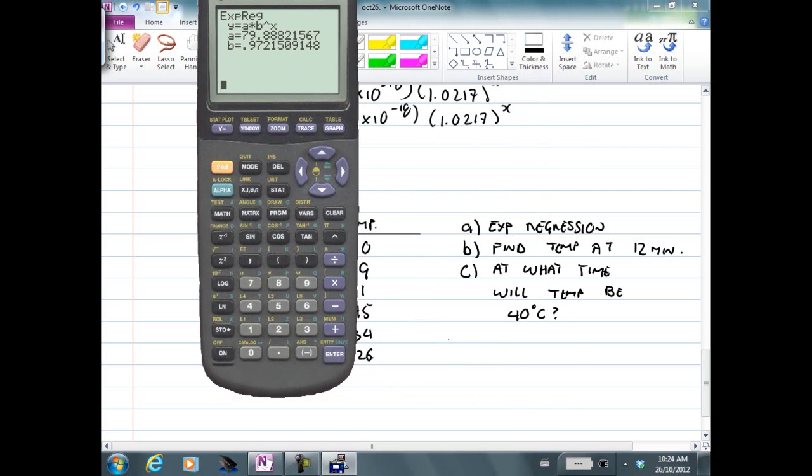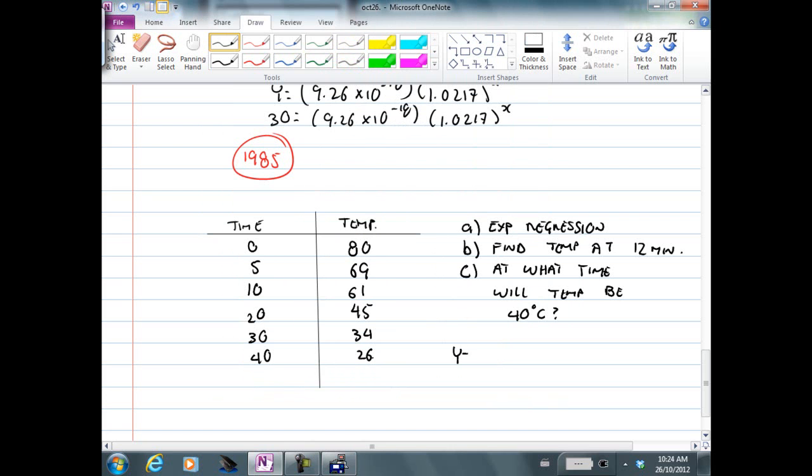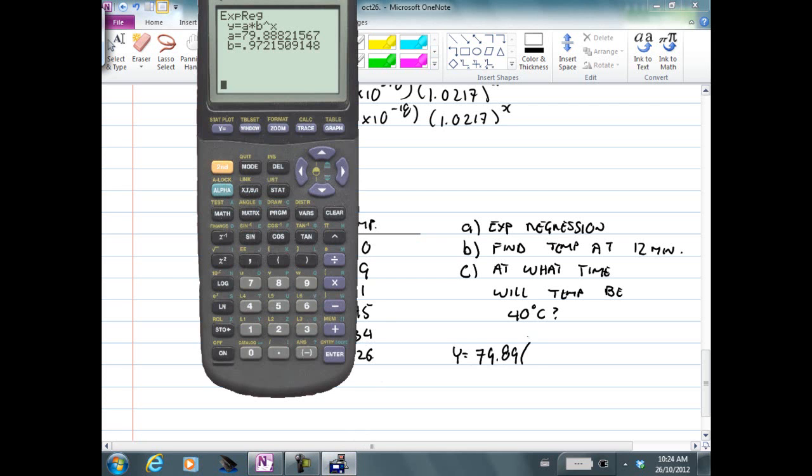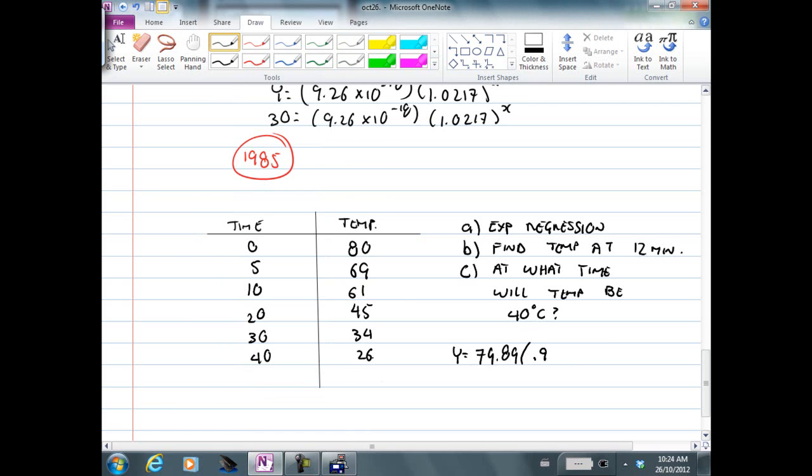So I'm going to rewrite this as y equals, again, probably best around 2 decimal places, y equals 79.89 open bracket 0.97 to the power of x. This is your A value. This is your B value. And this is the answer for A, yes.